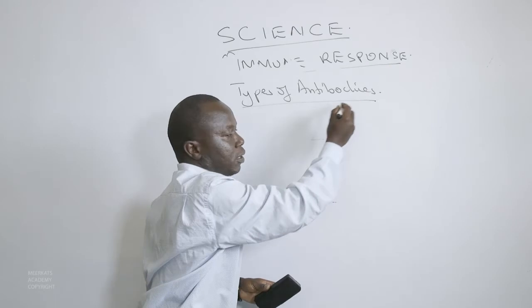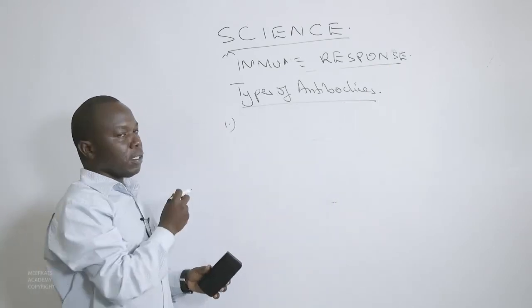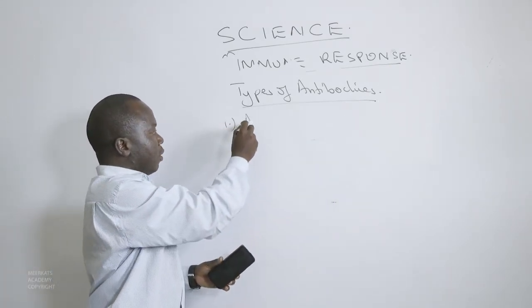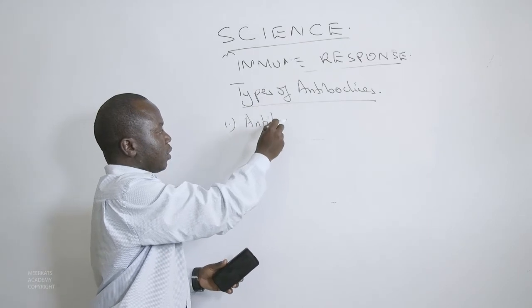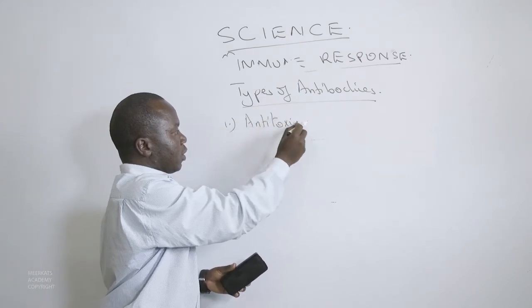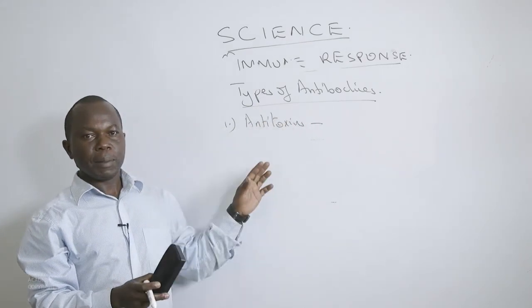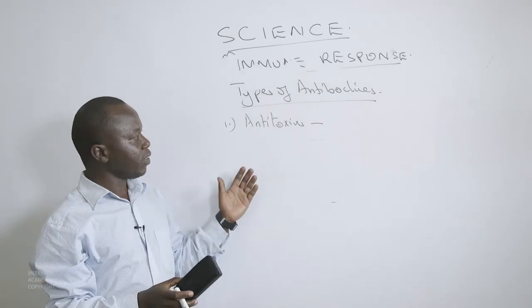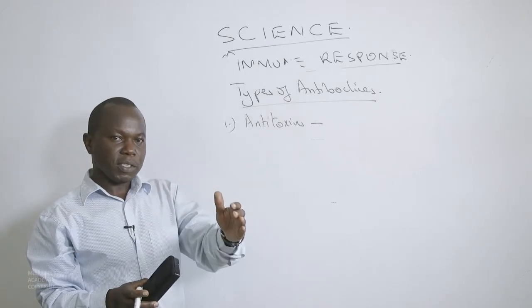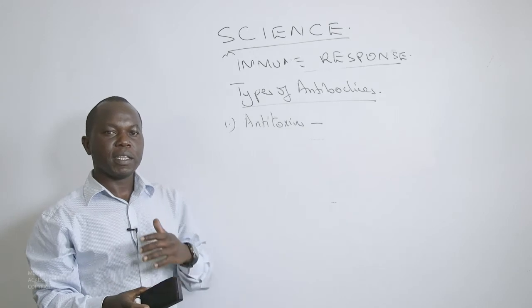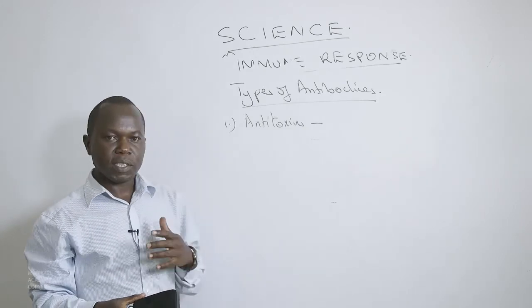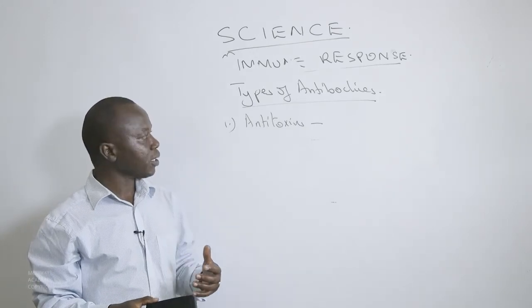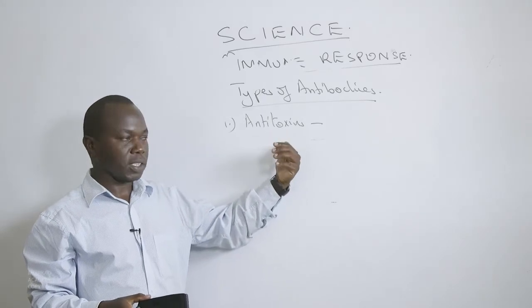Types of antibodies. We have several. One, we have antitoxins. Now, in our example of antigens, we have said we have the pathogenic microorganisms themselves and the products of pathogenic microorganisms. Some of the products are toxins.